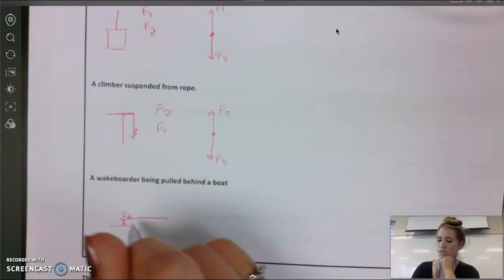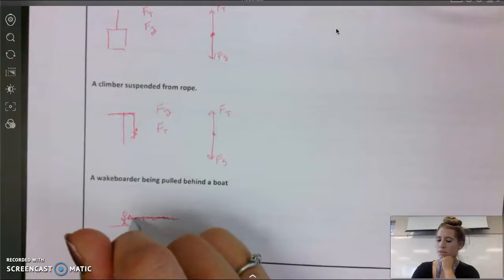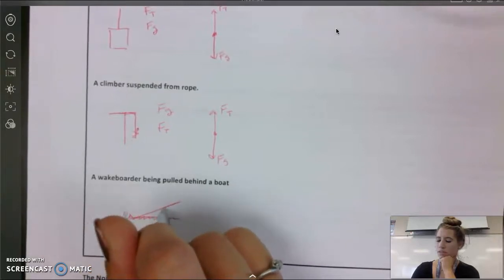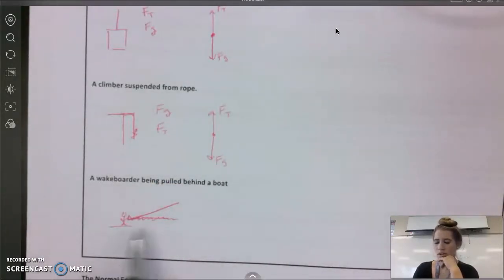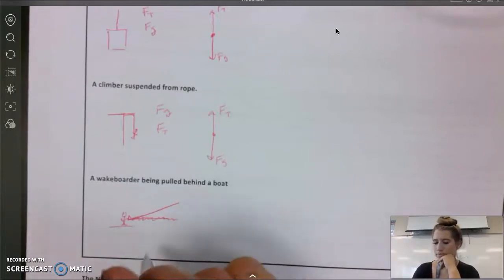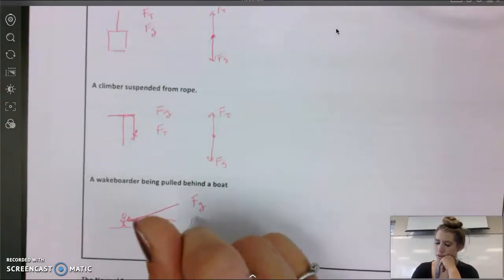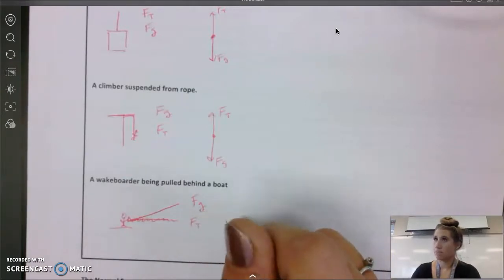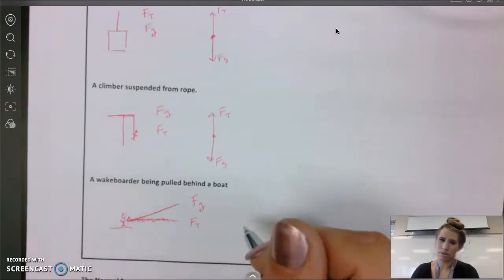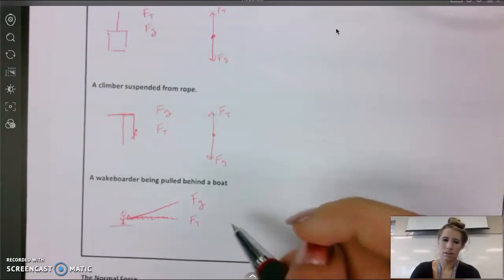Usually when they're being pulled by the boat, the handle and that rope is kind of at an angle to the top of the boat, right? It's not usually horizontal. So let's include that. We have force due to gravity, we have force of tension. I think that'd be everything. We're on water, so friction is essentially zero, so I don't think we'd include that.